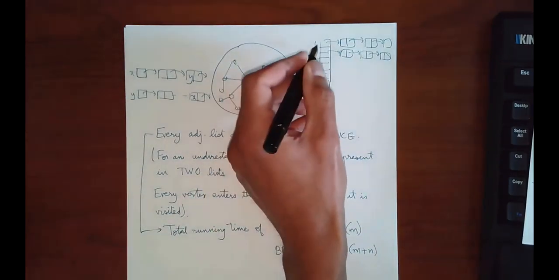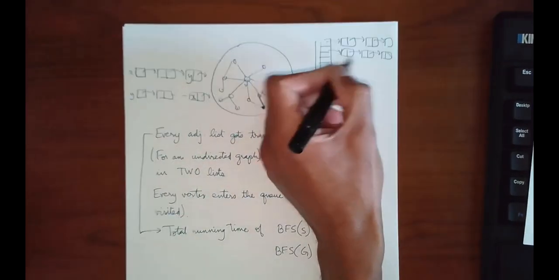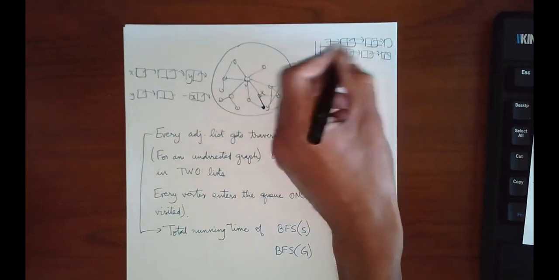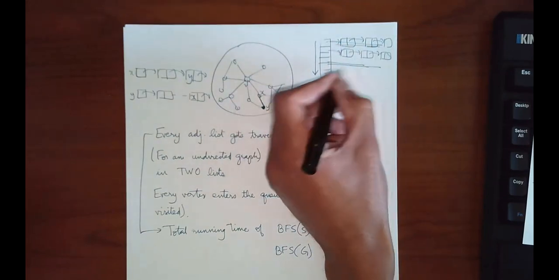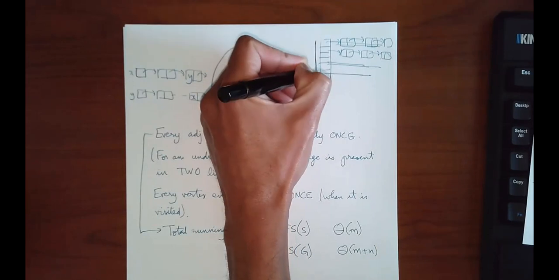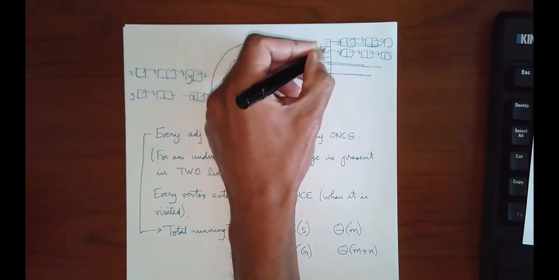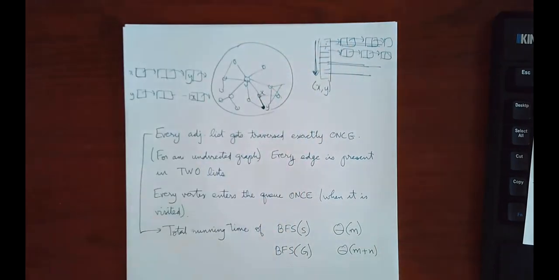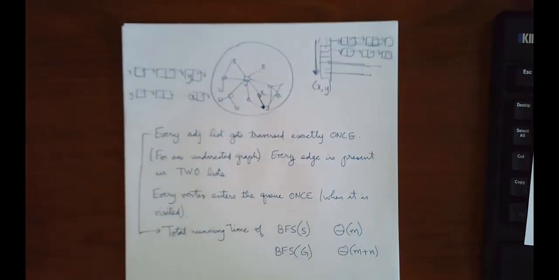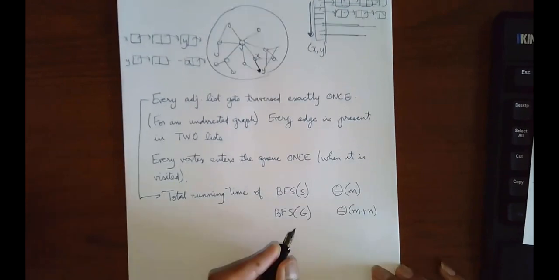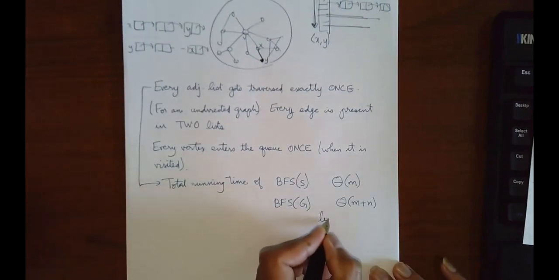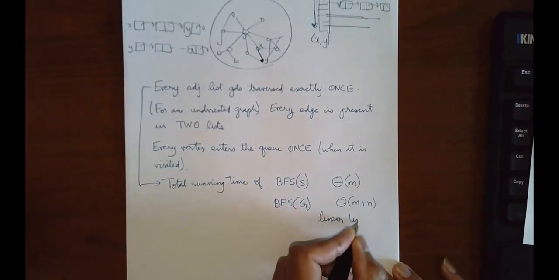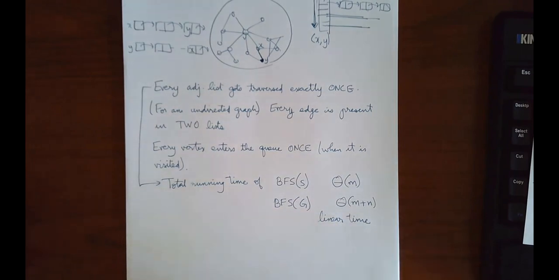So BFS of S is going to visit a bunch of these lists, and as you go down this process, we're going to visit all of these lists. So it's m plus the number of pointers, because some of these could be null, and it still has to visit them. So the running time of BFS is linear time. BFS is a highly efficient procedure.